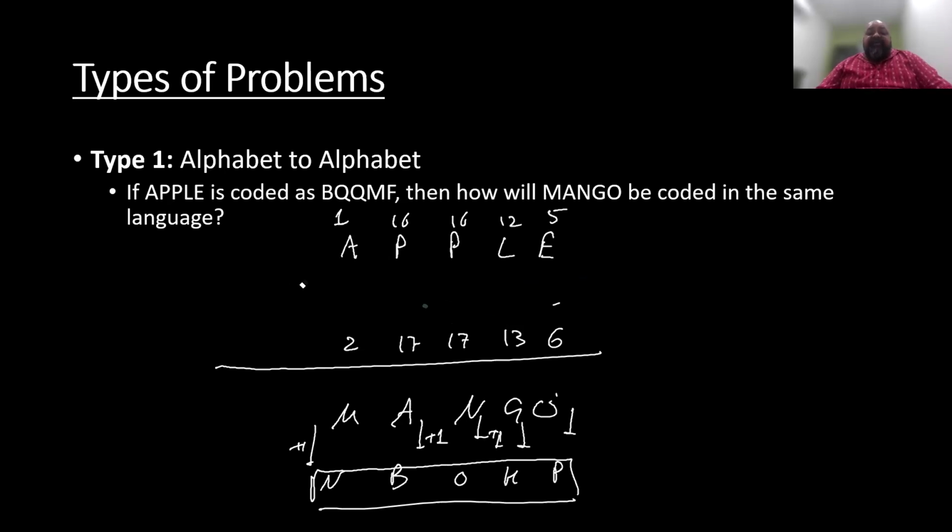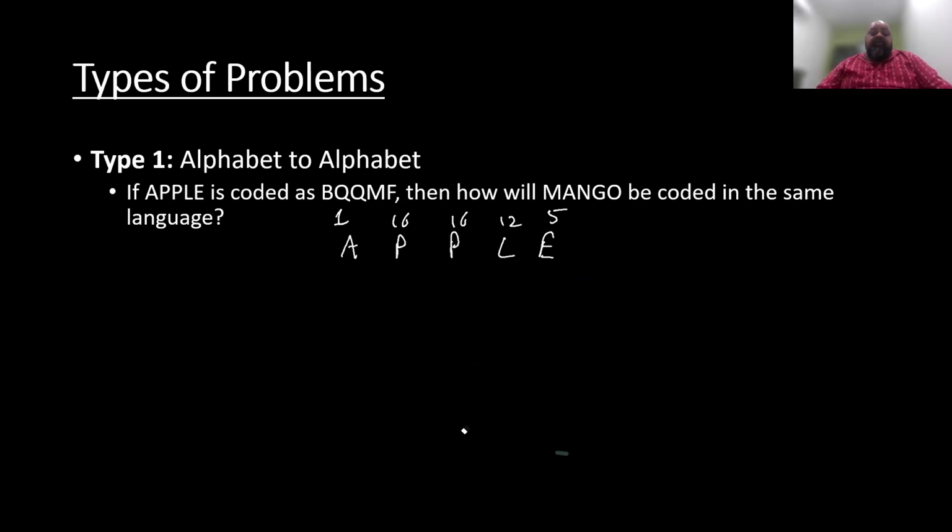For example, if I change this question and I ask you, the code for apple, for example, is BRSPJ. What will be the code for mango now?